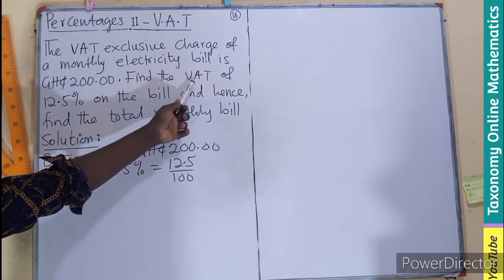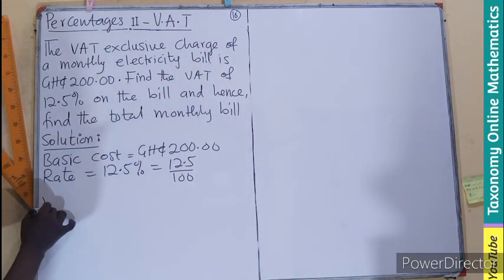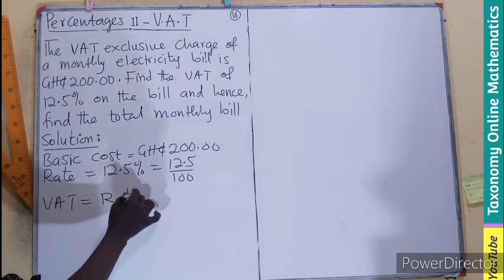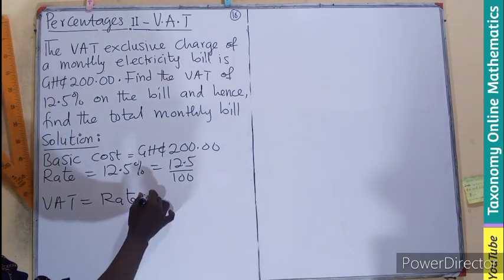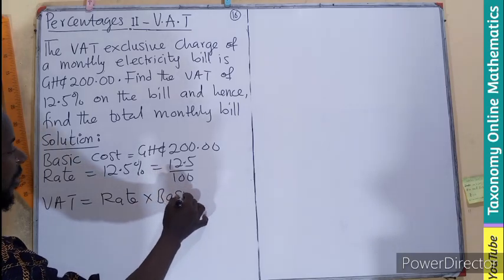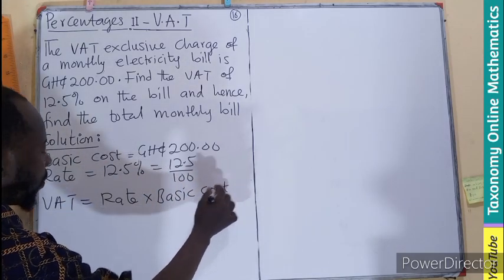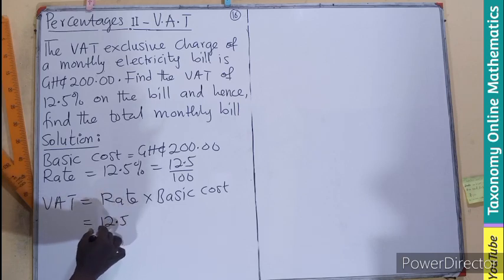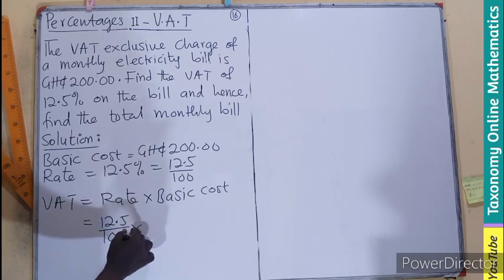So to find the VAT, it is just the rate of tax times the basic cost. And by substitution, we can have our 12.5 over 100 times what?